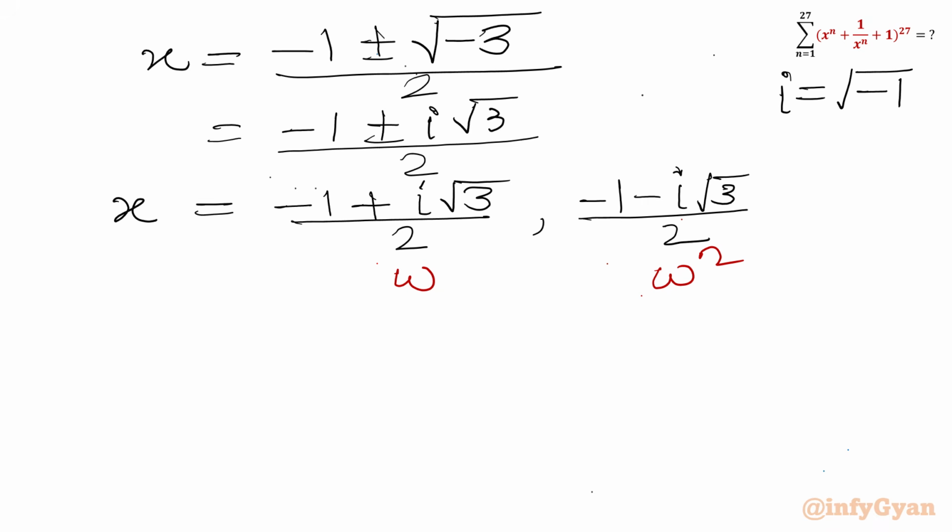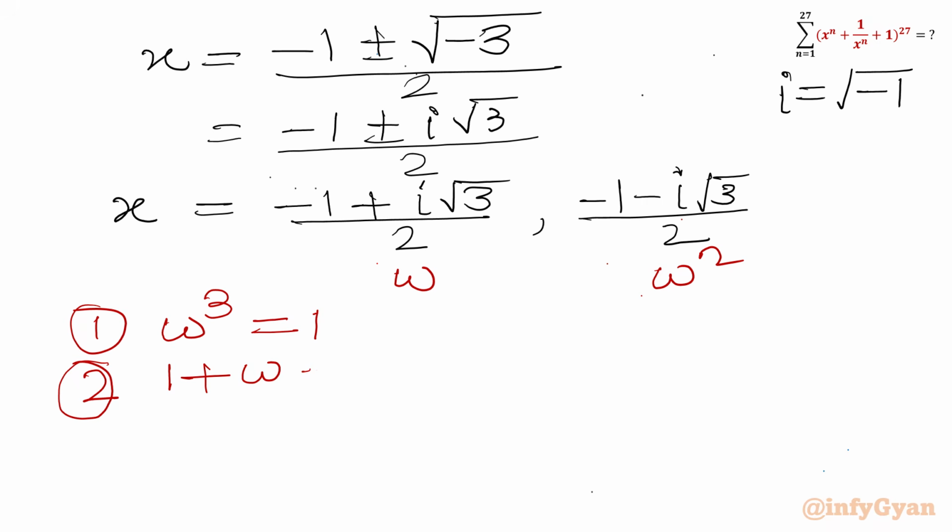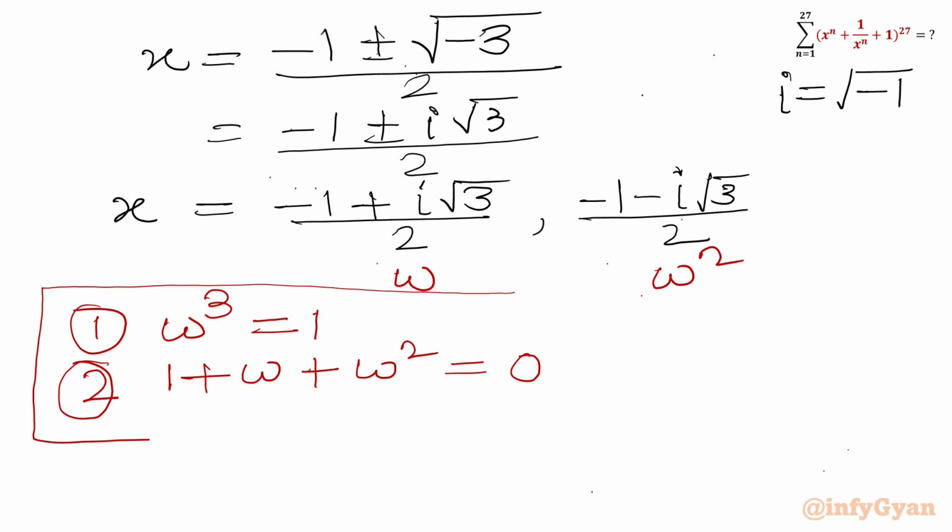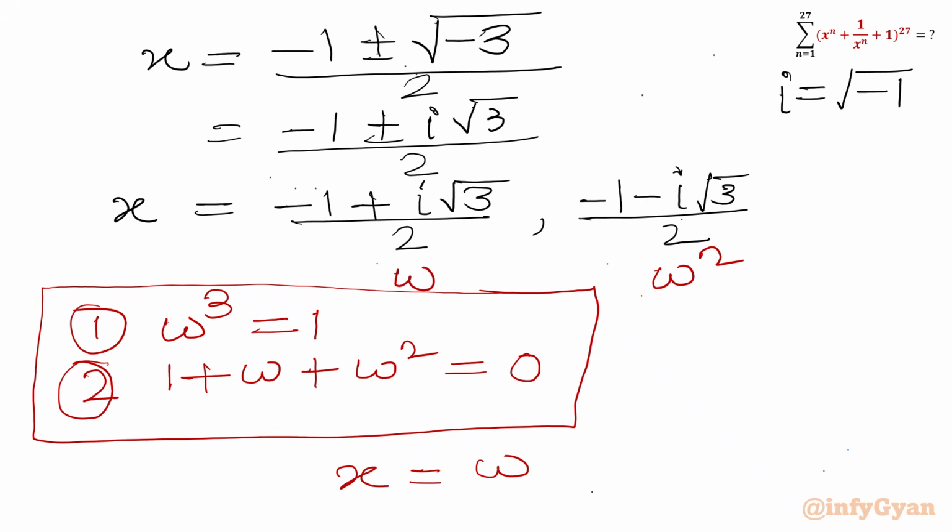Now we can apply the properties of omega. Our first property is omega cube equal to 1, and the second property which we will use is 1 plus omega plus omega square equal to 0. So we will use these two properties of omega, and I will plug in x equal to omega for our sum calculation.